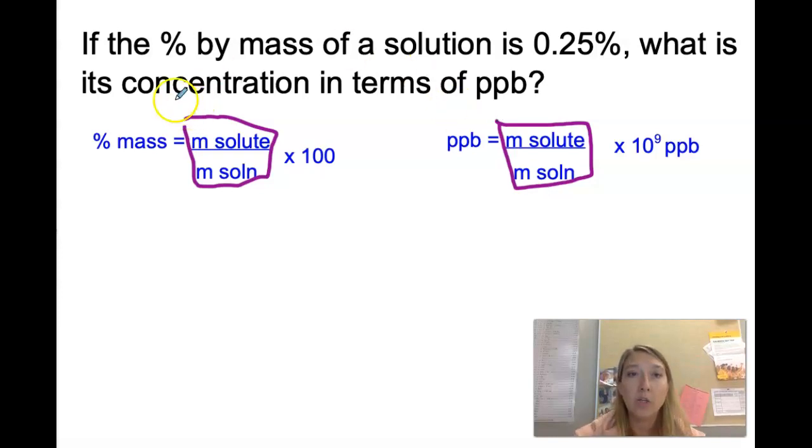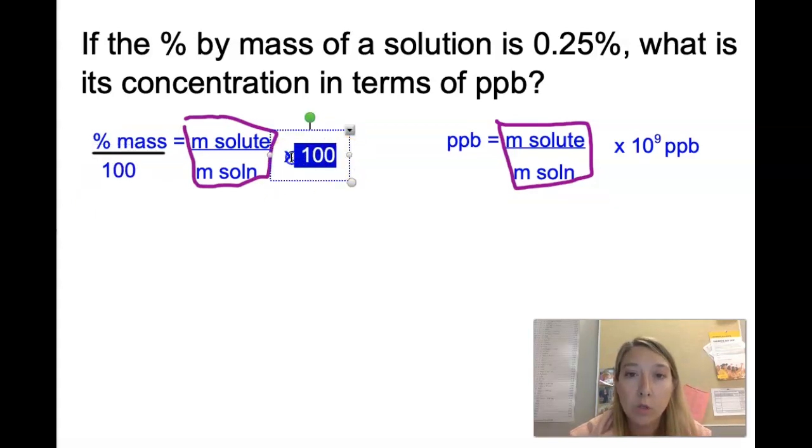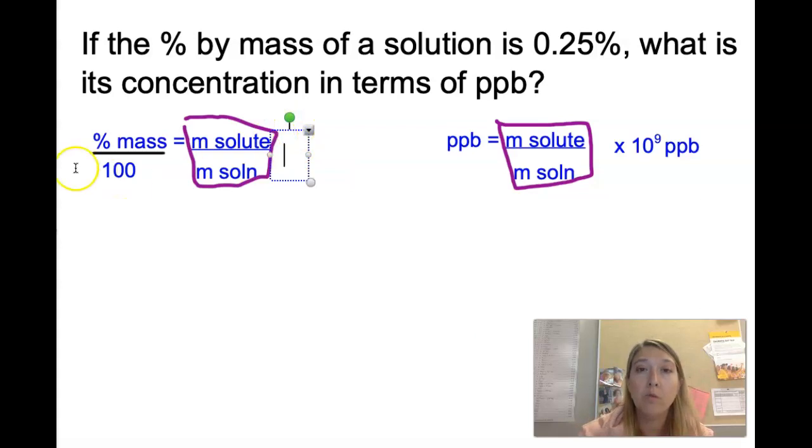We can rearrange these equations so that we say that the percent by mass divided by 100 is equal to the mass of the solute over the mass of the solution, letting us get rid of this, right? We moved that 100 over, and I can do the same thing over here.